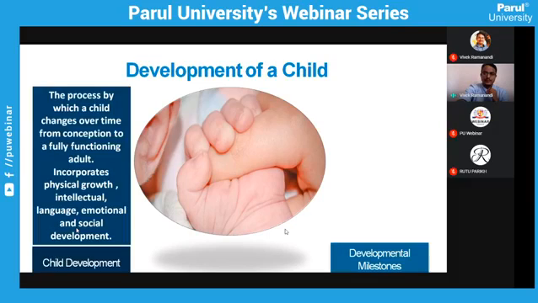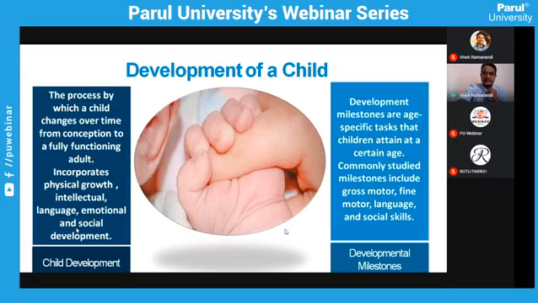Developmental milestones, on the other hand, are age specific tasks which children attain at certain age and are commonly studied, divided into the branches such as gross motor, fine motor, language, and social skills.